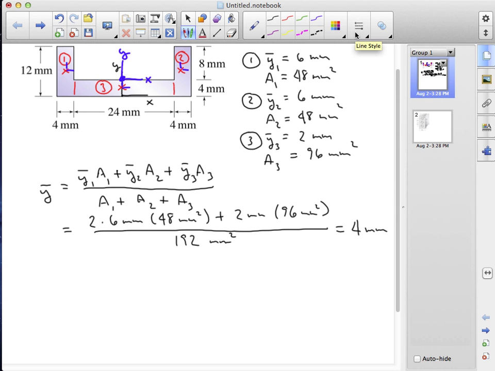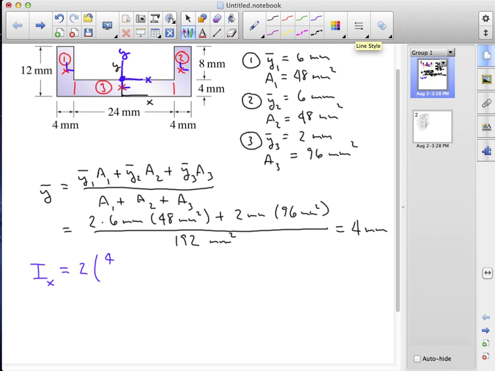So now we can write down the area moments about the x and y axes of the centroid of the shape. The contributions from each vertical part of the U will be the same, so we'll have 2 times bh cubed over 12.